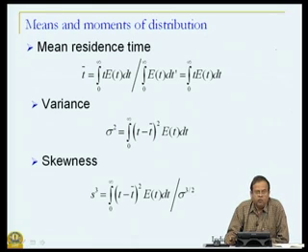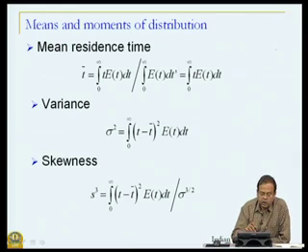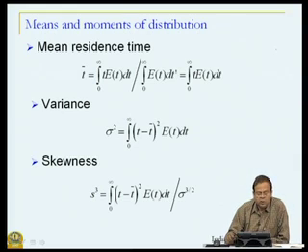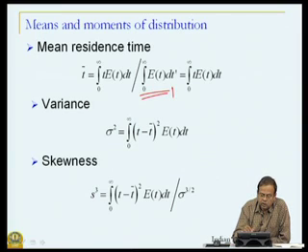And the moment we have distributions, we can characterize these distributions by looking at various moments of this distribution, the first moment, the second moment, and so on. So, mean residence time, for example, is nothing but t into e of t dt 0 to infinity divided by e of t prime dt prime, again limit between 0 to infinity, but this quantity we earlier saw is nothing but 1.